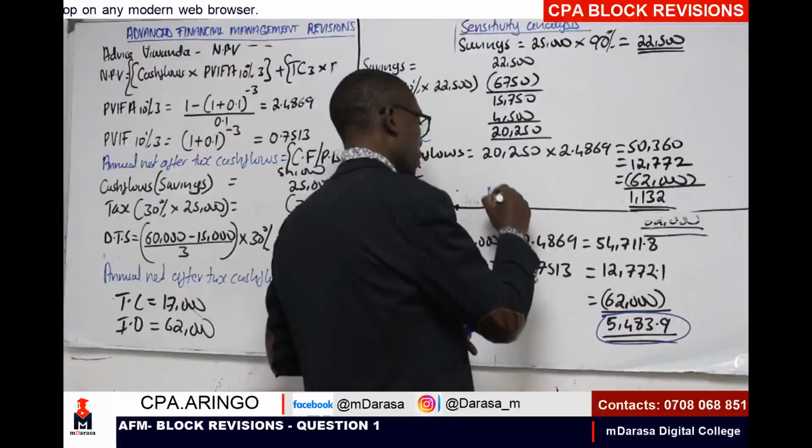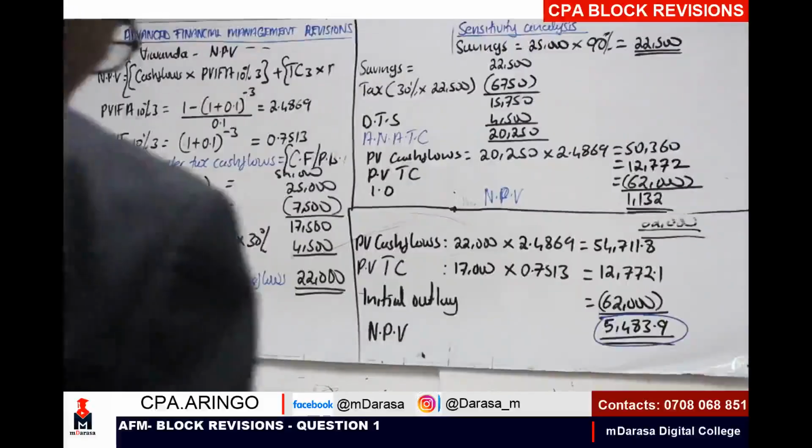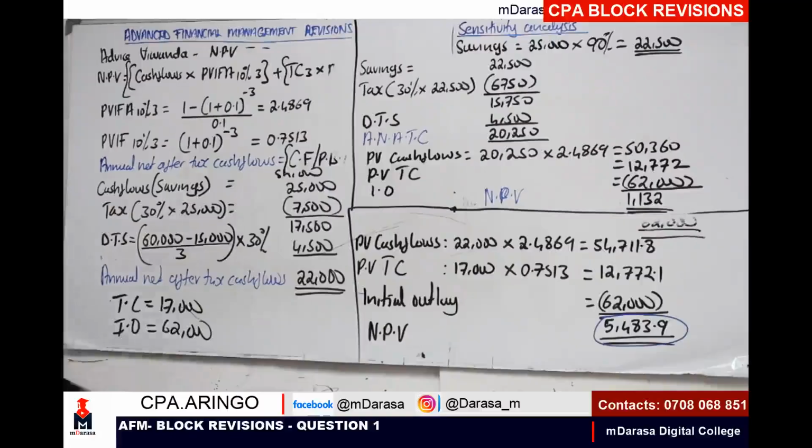So how will we advise the company based on whatever you're having there? We can see that it has a negative impact, completely. So these are what we should advise this company after we have conducted our sensitivity analysis.